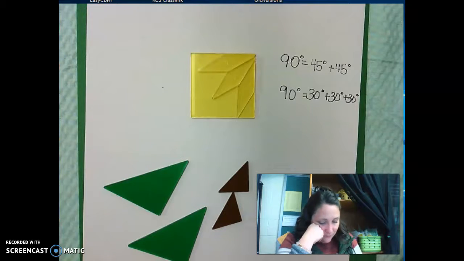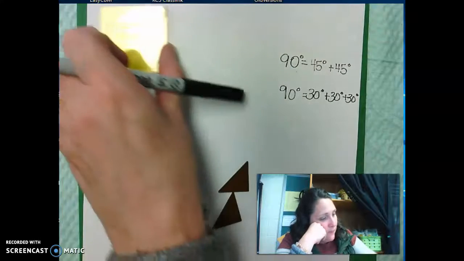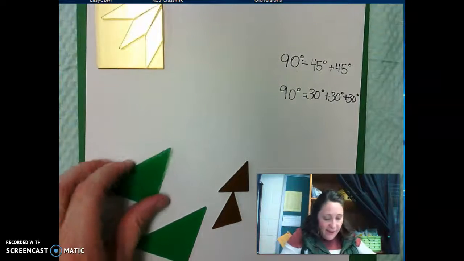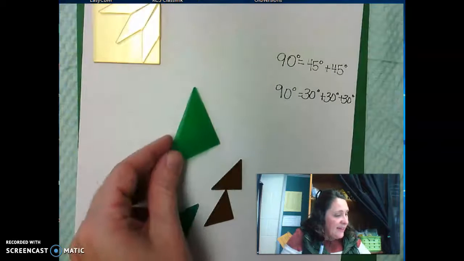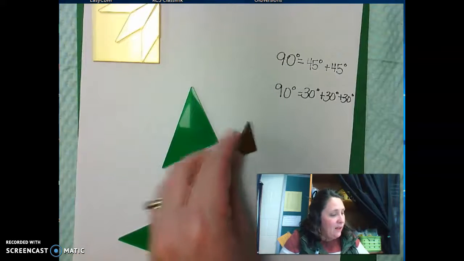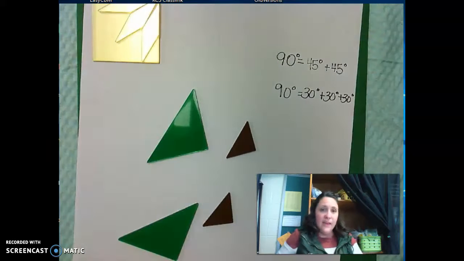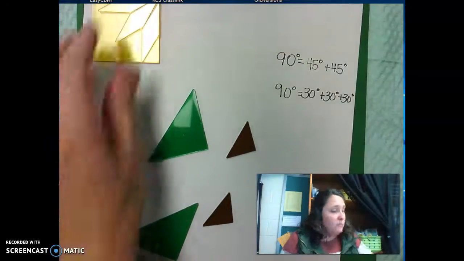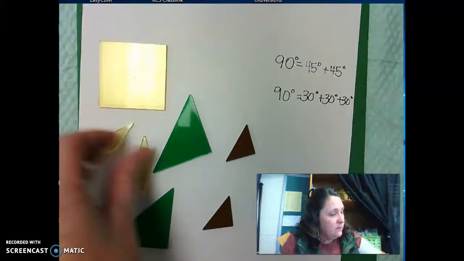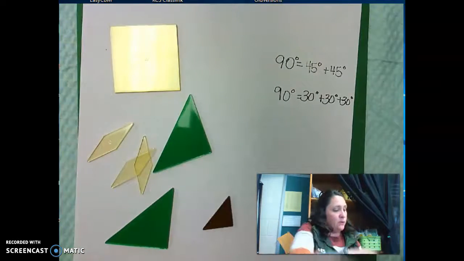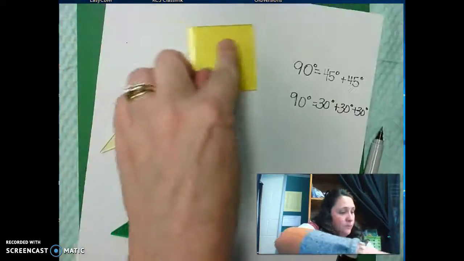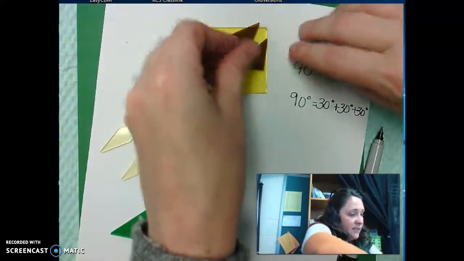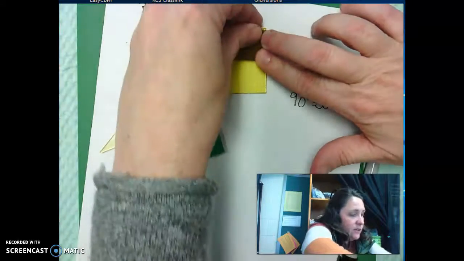Okay? I want us to take a peek right here at our power polygon E and our power polygon F. Now we noticed from the last video that we were able to use F to measure into our big square here. We were able to use two of those to give us 90 degrees.